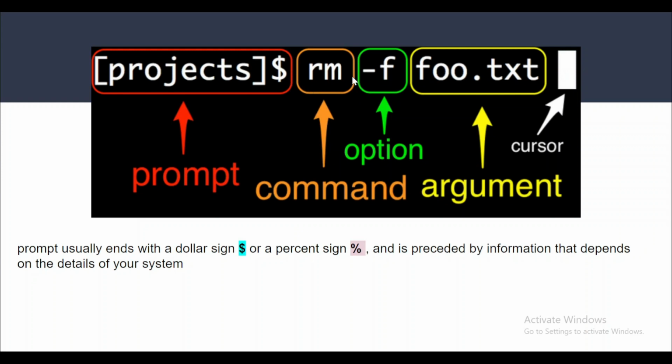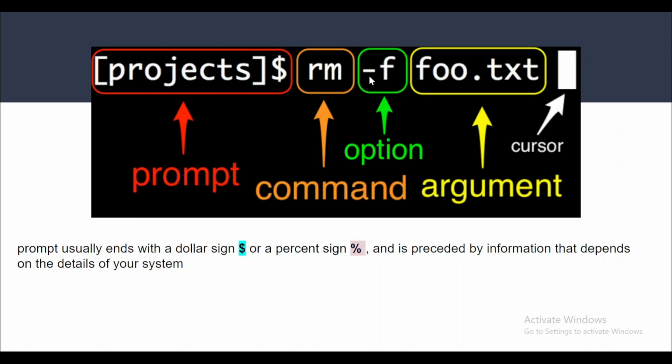So when you sum up or compile everything, what exactly I'm telling my computer is to remove this particular file forcefully. I'm giving an option to force it because there are many options associated with the rm command, such as -r and -i.